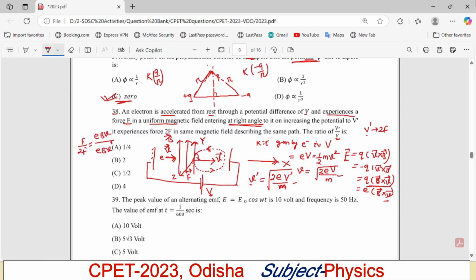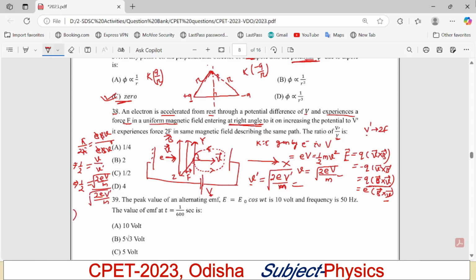Here F cancels, so 1 by 2 equals v by v dash, where v is root over 2eV by m and v dash is root over 2eV dash by m.